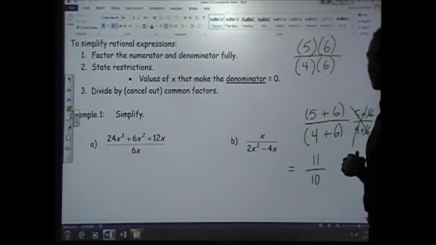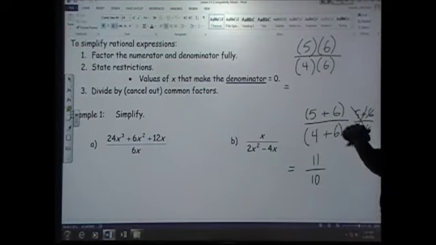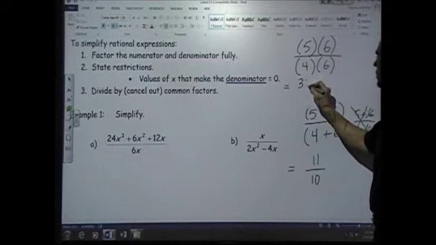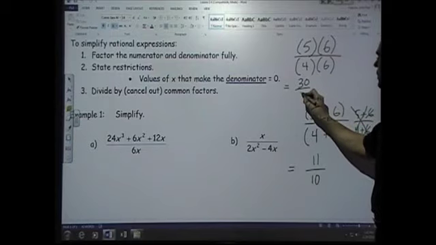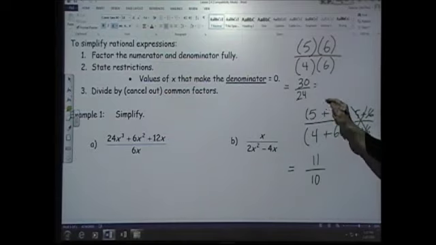Okay? Now, on the other hand, if you have something that looks like this, where it's all multiplication and division at the same time, this actually works out, you can do it 2 different ways. If you do 5 times 6 is 30, and 4 times 6 is 24, then you could reduce that fraction on your calculator, or both are divisible by 6, so you end up with 5 over 4.